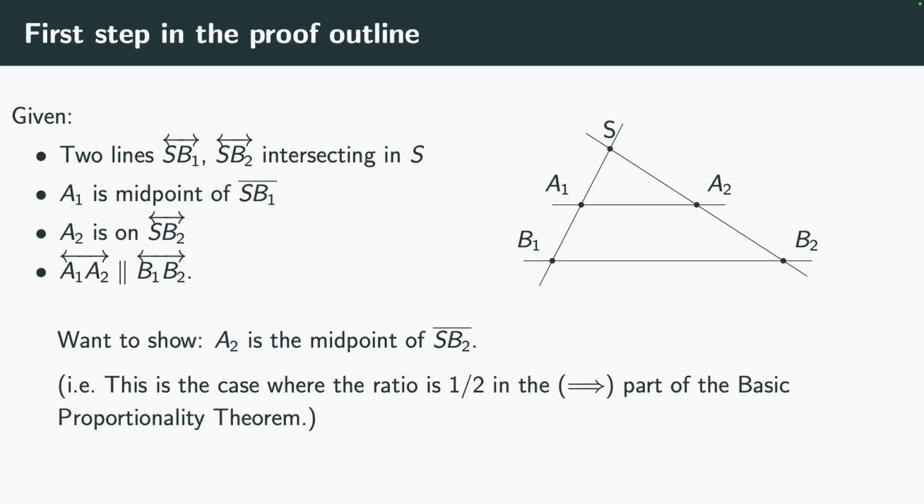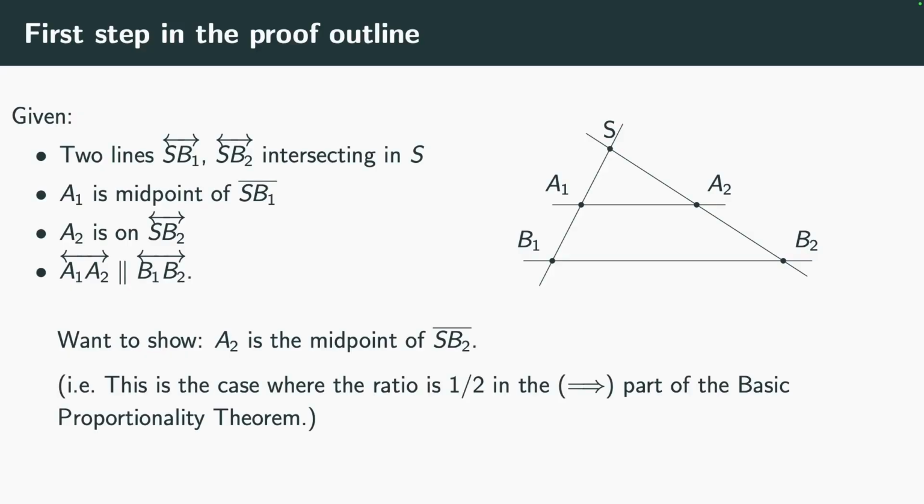Okay, so let's do the first step of my proof outline. I'm going to call this maybe a theorem in its own right. We're given these two lines, SB1 and SB2, and they of course intersect in S. I'm assuming that A1 is the midpoint of SB1.